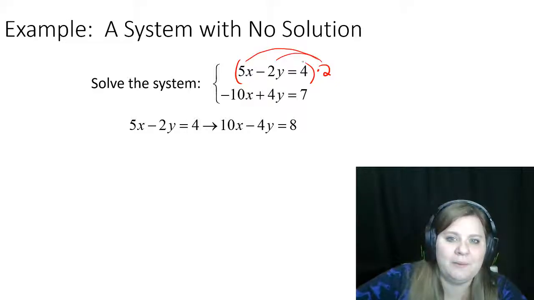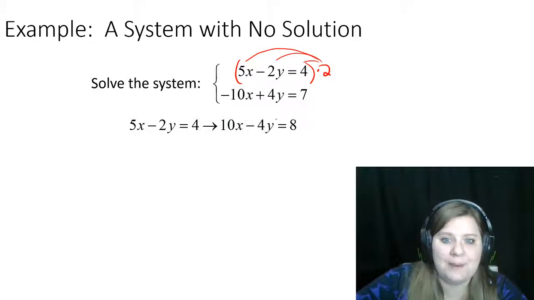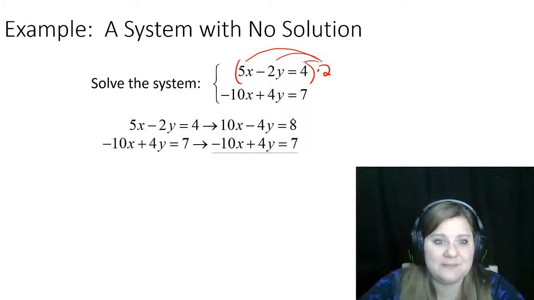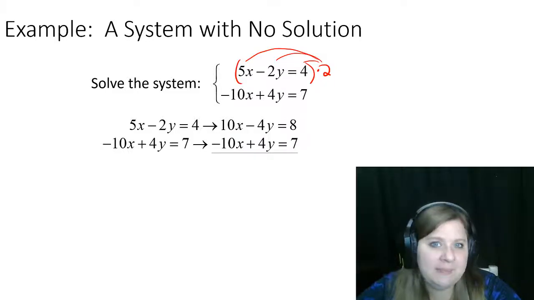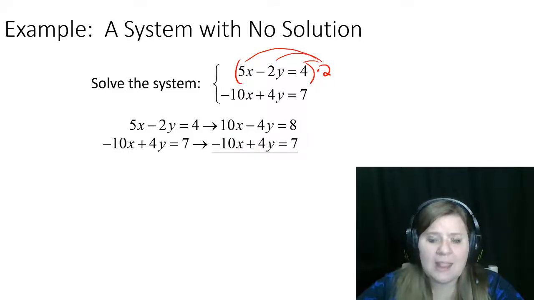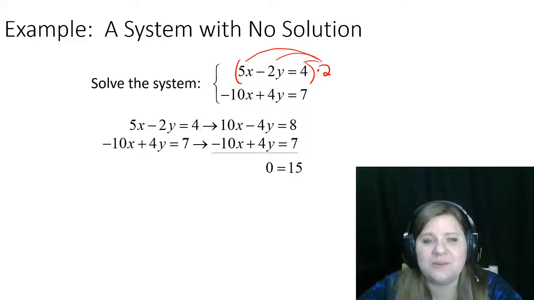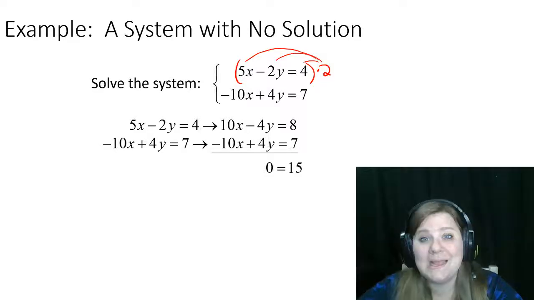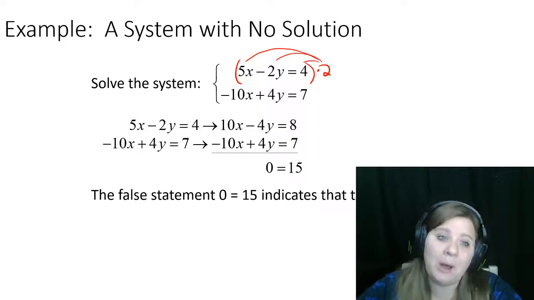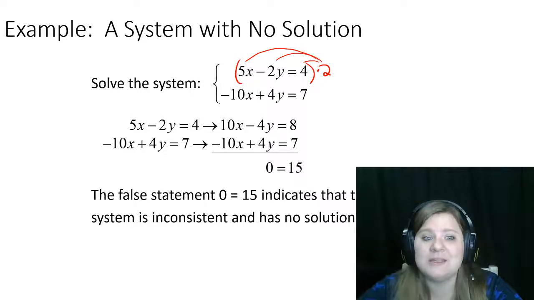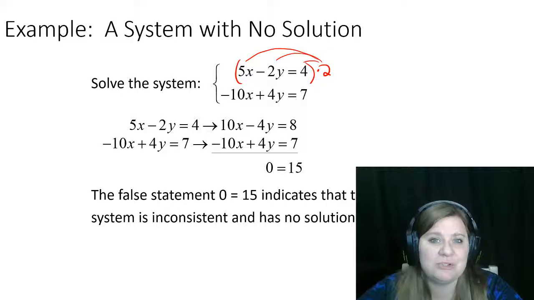You notice when I distribute my 2, I get 10x minus 4y equals 8. And I'm going to keep my second equation, and I'm going to add them together. That gives me 0 equals 15. 0 does not equal 15. That's not possible. Therefore, this has no solution.